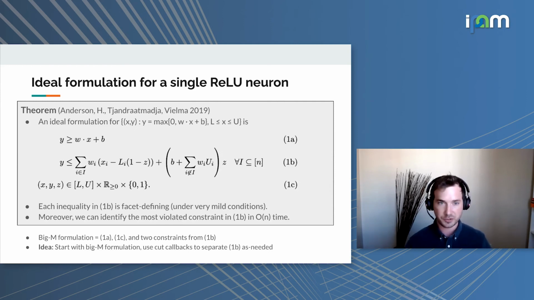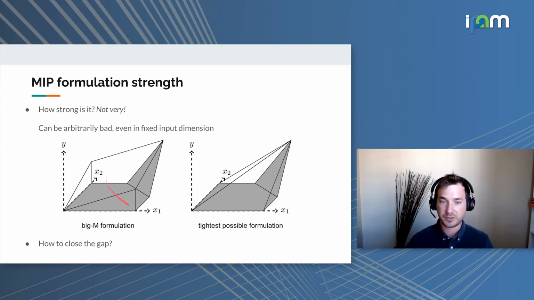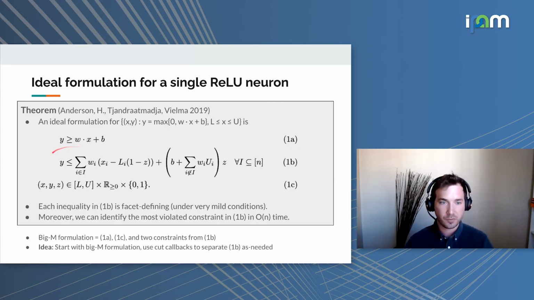So our first contribution here essentially is a characterization of what inequalities we need to add to this big M formulation to recover this convex hull. And the real meat of it comes from this large family of inequalities here, 1b. So essentially we have one inequality for every subset of the input variables.